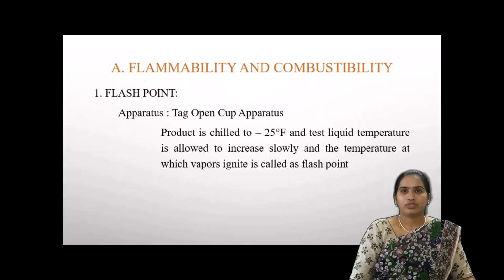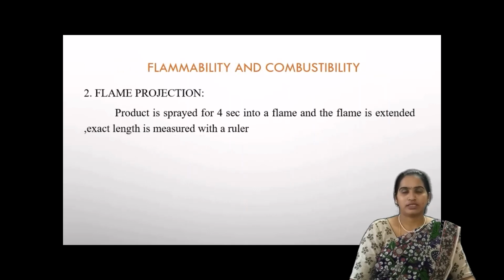Then the temperature of the test liquid is increased slowly, and the temperature at which the vapor starts to ignite is called the flash point. Next test, flame projection test. In this test, the product is sprayed for about 4 seconds onto an open flame, and the extension of the flame is measured with a ruler and is noted in centimeters.